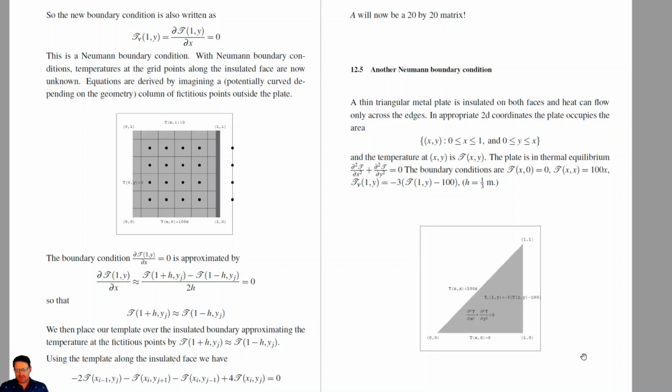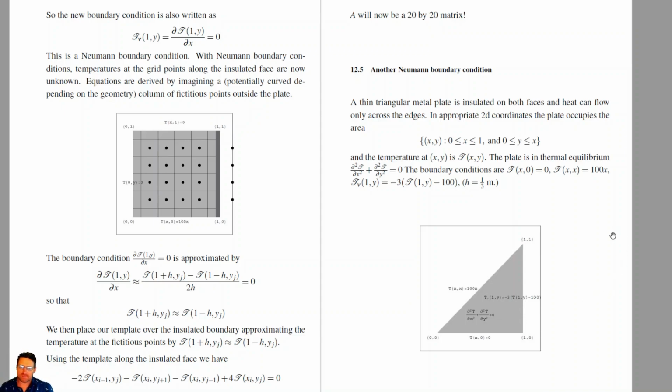Okay, in appropriate 2D coordinates, the plate occupies the area where x is between 0 and 1, and y is between 0 and x, or between the line y equals x. It's what you see there in the diagram, and basically under that.